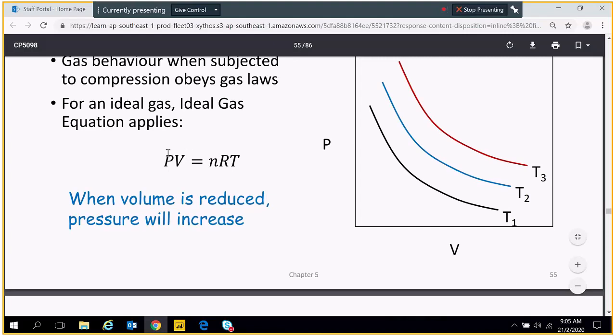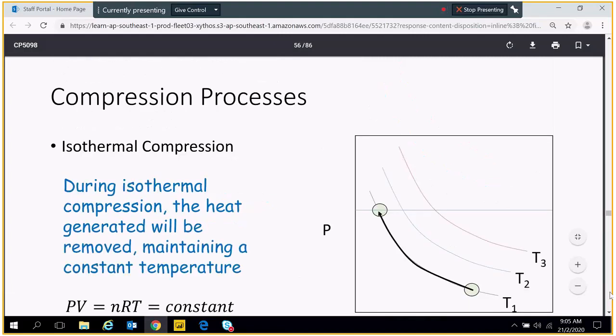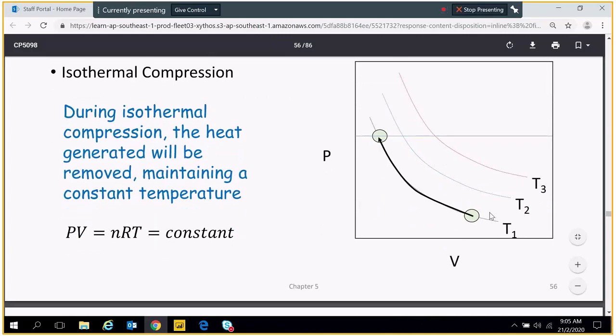This is pressure, this is volume, ideal gas equation of state. Now this is isothermal compression. From this point to this point, higher volume, lower pressure; compression is smaller volume, higher pressure at constant temperature.